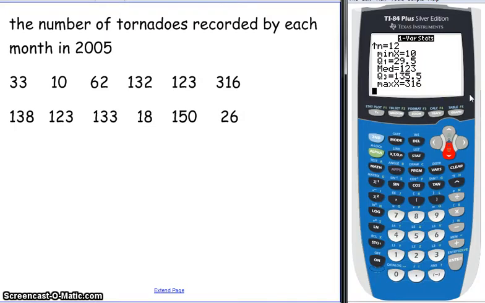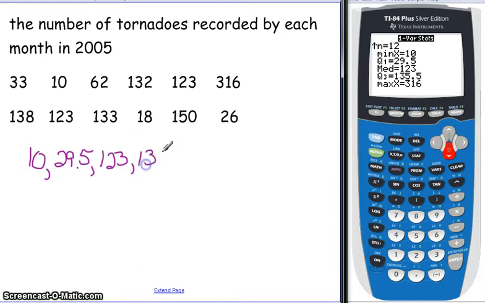So in my problem, I know my 5-number summary. That was 10, 29.5, 123, 135.5, and 316.